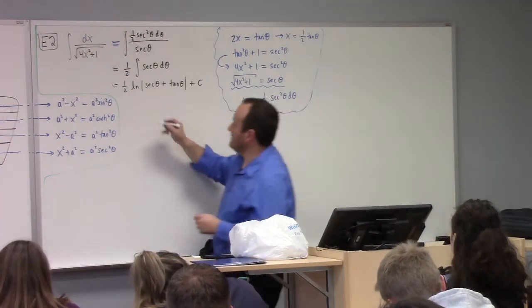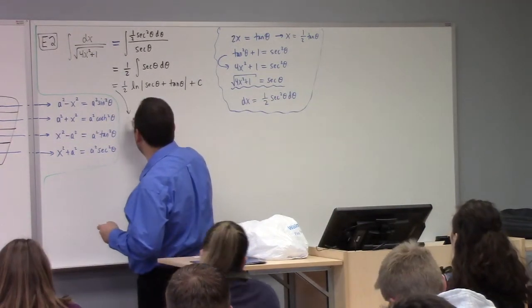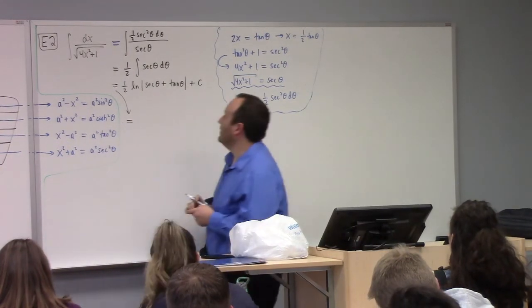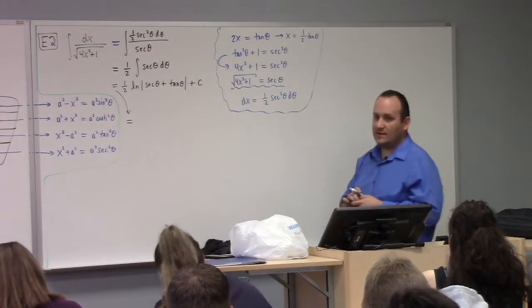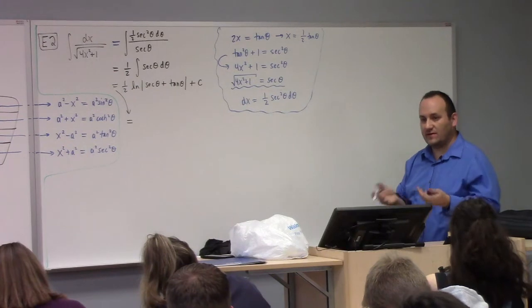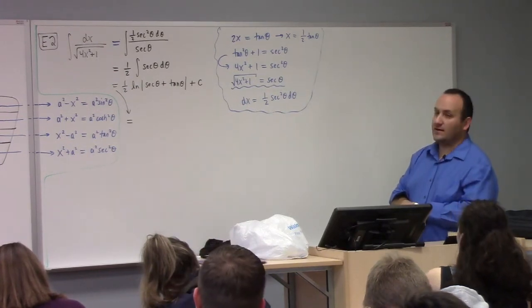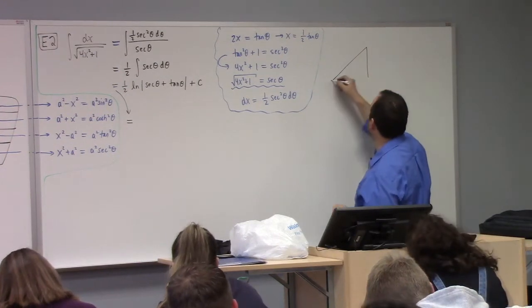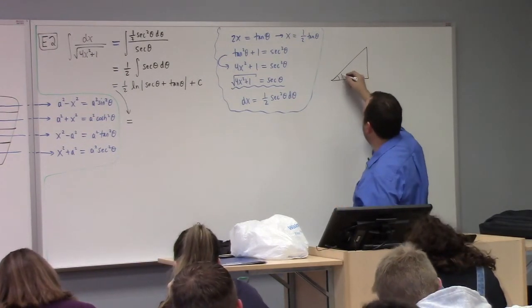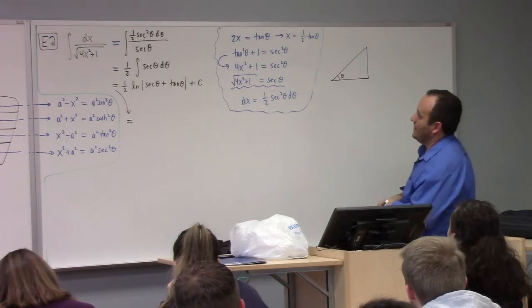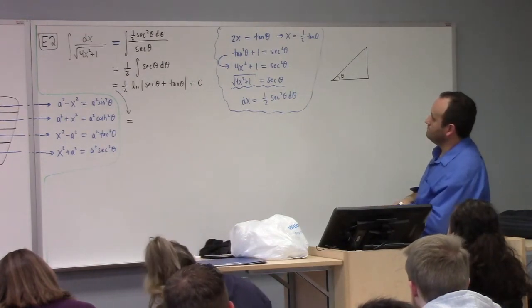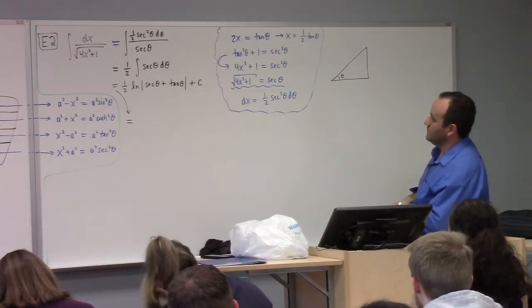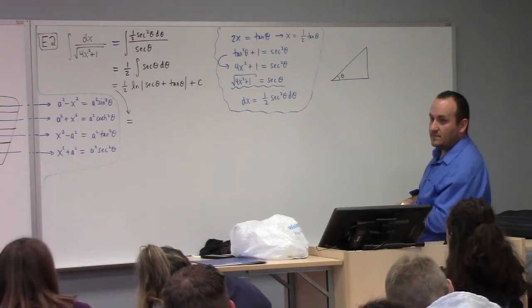So moving along here, what is secant theta and what is tangent theta in terms of x? What's the triangle of this substitution? Tangent theta is 2x, right?